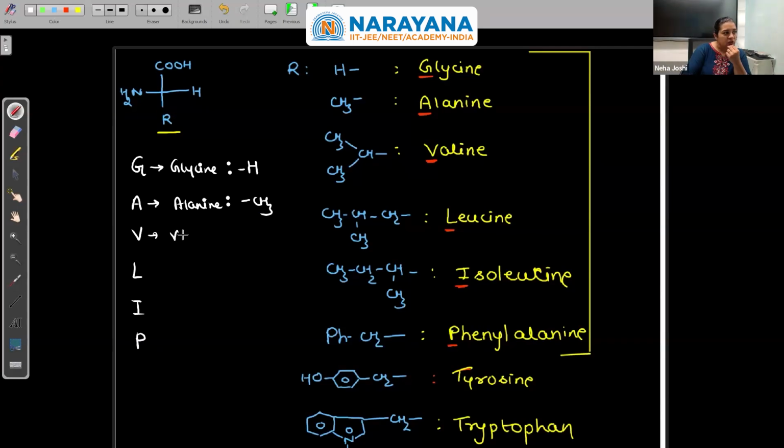V was valine. Valine is isopropyl. L is leucine. Overall there are two, leucine and lysine, but lysine is a basic amino acid. Leucine has 1, 2, 3, like this; it is an isobutyl group.